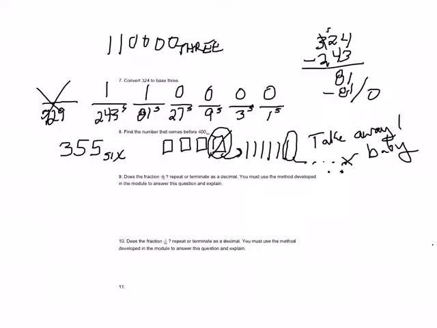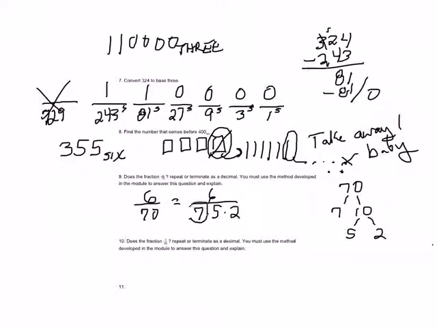All right, so I've got this fraction here, 6 over 70. I want to know if it terminates or repeats, and I have to use the method shown in class. So I take the 70 and I make a factor tree. So that's 7 times 10, and that's 5 times 2. So this is 6 over 7 times 5 times 2.